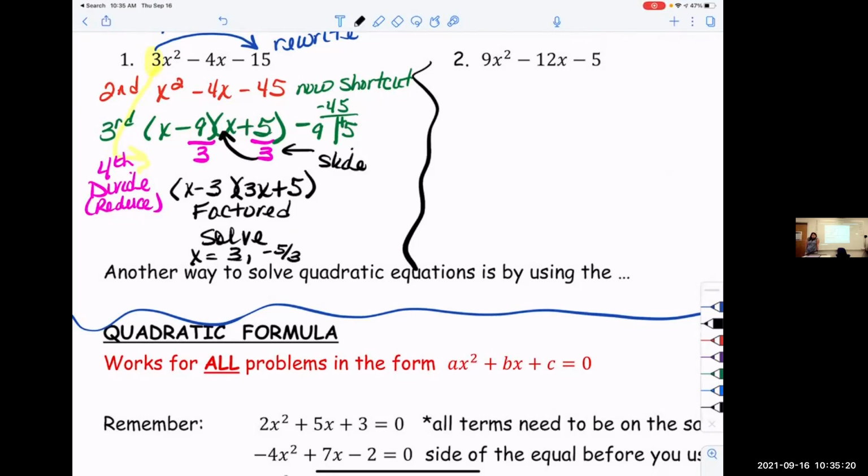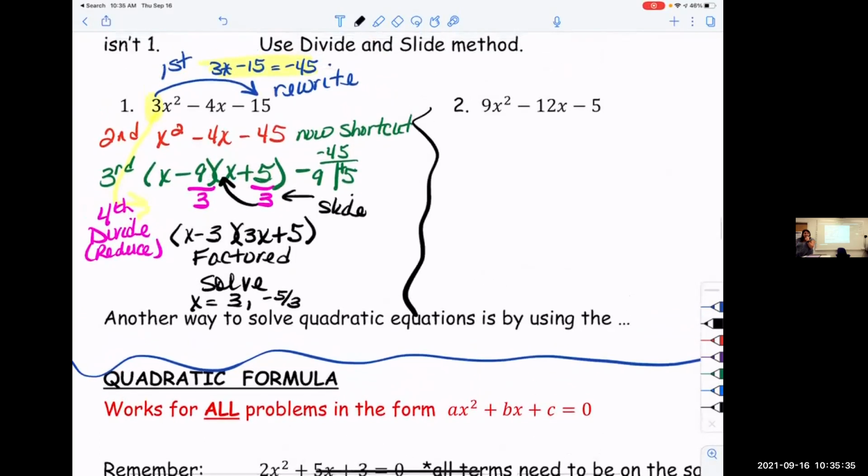Are you ready? Are you wanting to do it ahead of me and give it a try, or is it too soon? I was thinking it was too soon, but it may not be. We can go slowly. Do you remember what step 1 is? Yes, 9 times negative 5, and rewrite it.